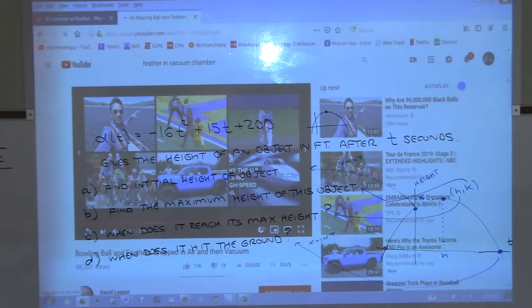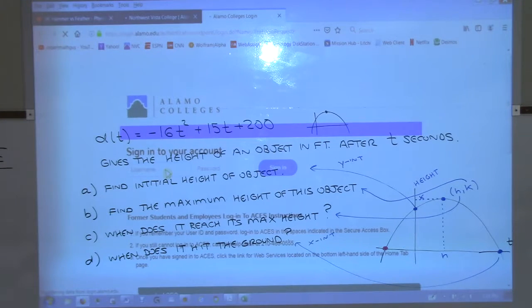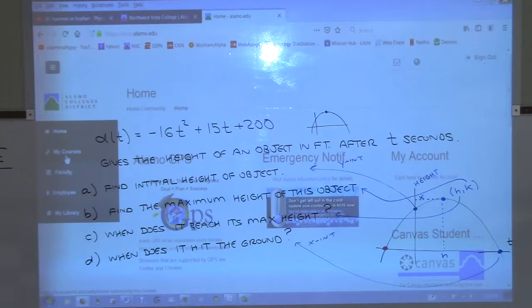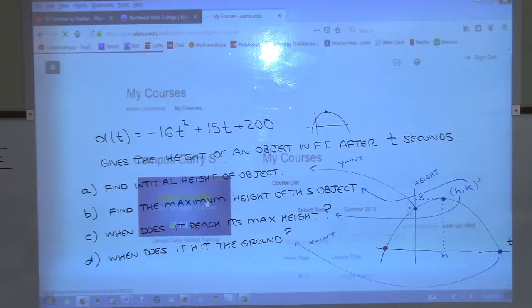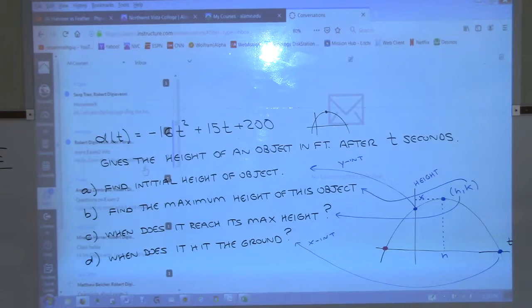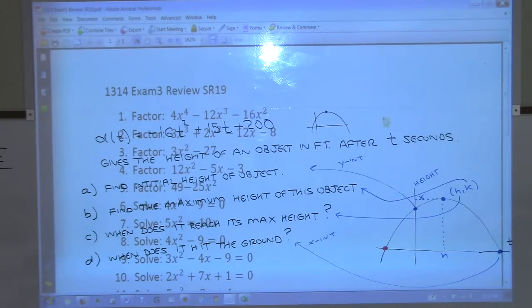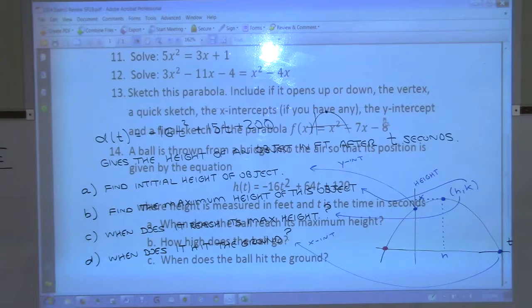This is going to be our last problem we do today. I'm not showing the whole review.